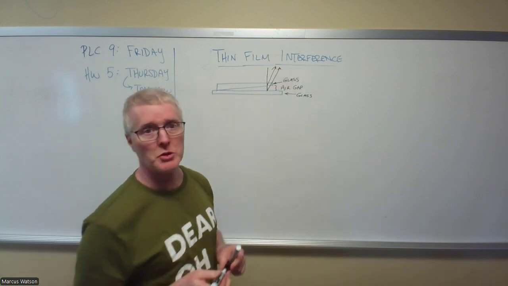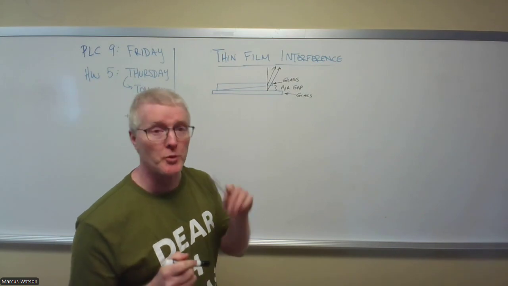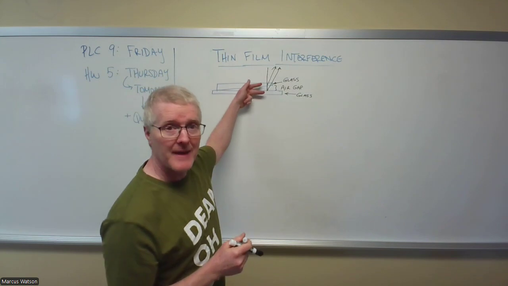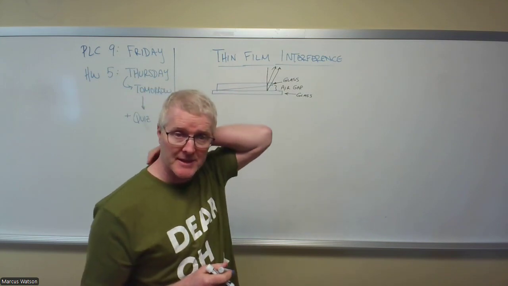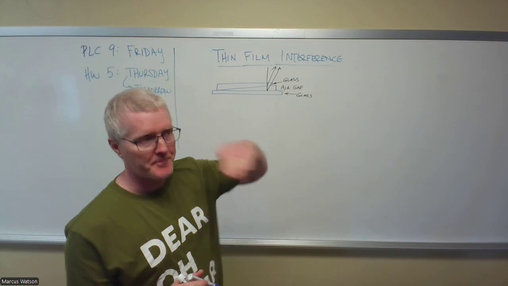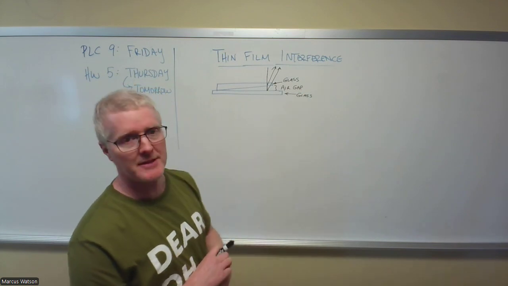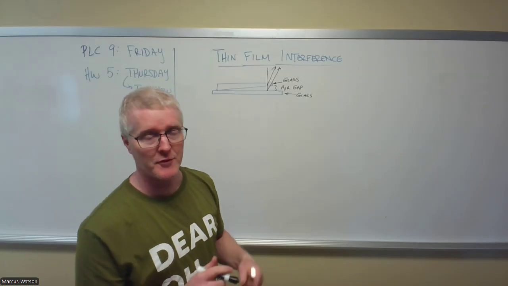Those two reflections will cause a thin film interference effect in the air gap. One of your homework problems is dealing with this. You have a bowl shape, and I'm interested in the radius of the rings.